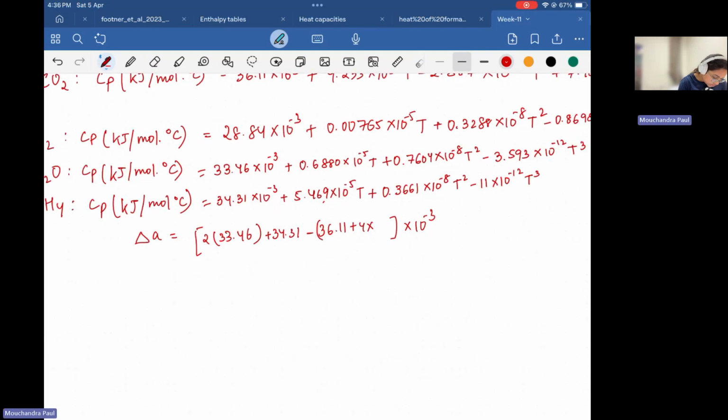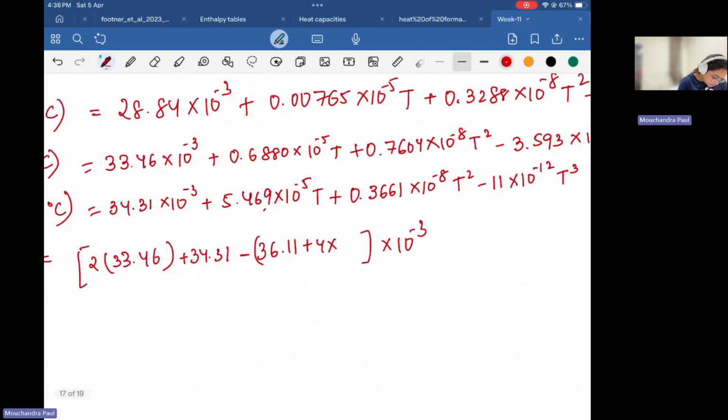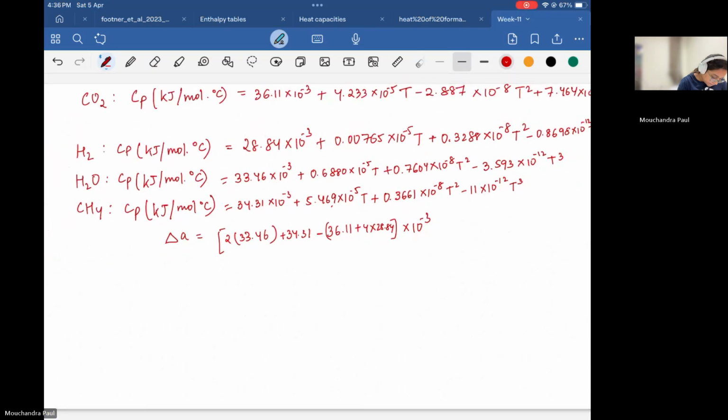Four into 28.84. This is delta A. We'll calculate this value in a minute. First, write similar expressions for delta B.